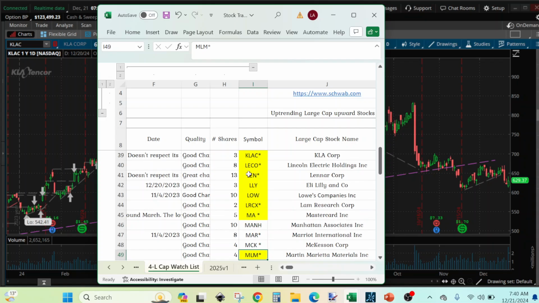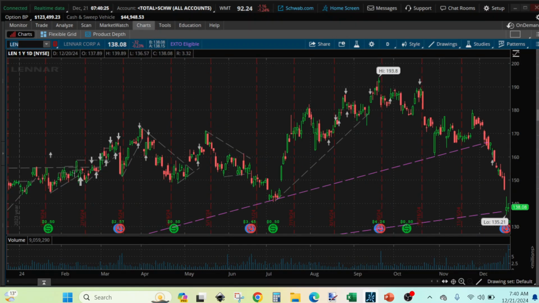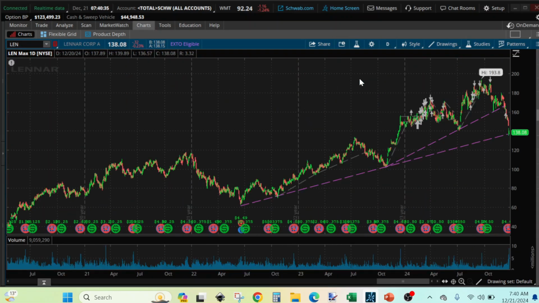L.L.C. So for this one, oh, I put that there too. Okay, I put, yeah, its long-term trend line. I think it has a longer version of it. It does not respect the 1 year daily chart, but it has a longer version of it.